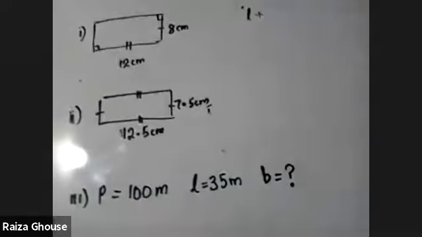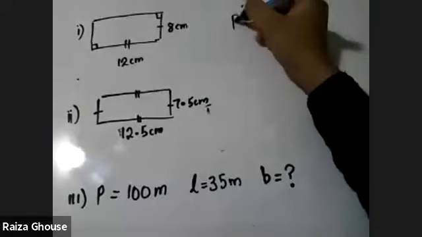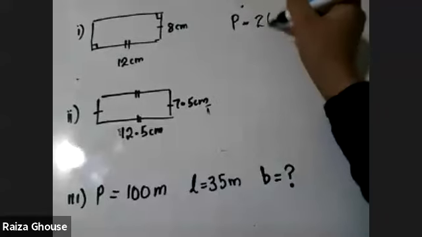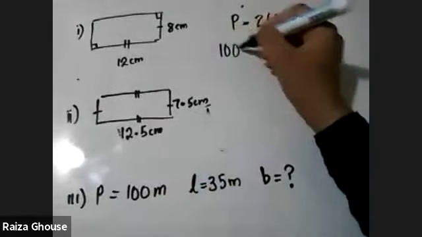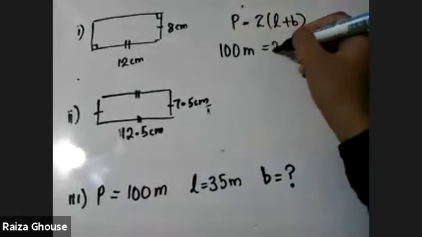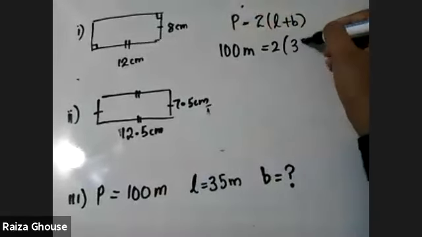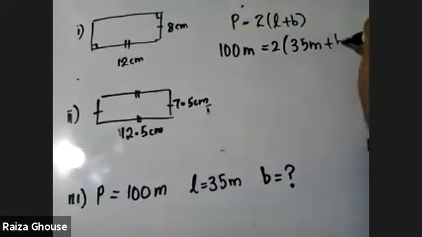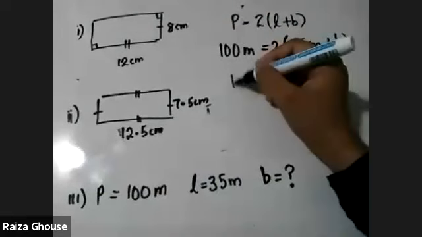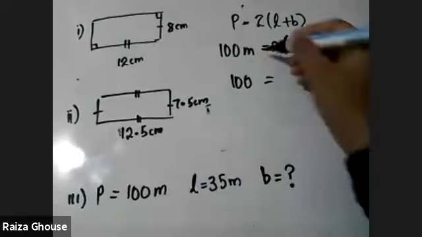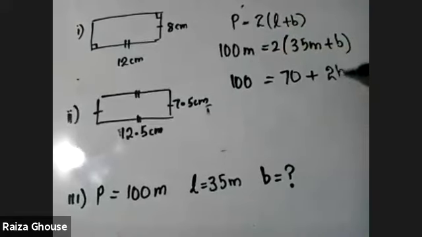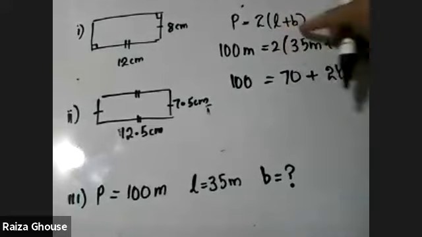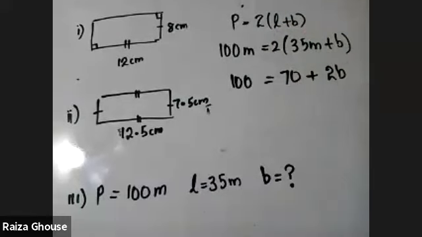Then third one is different. Perimeter is given here. So what can we do here now? Perimeter is equal to 2 into L plus B. Perimeter is provided 100 meters. 2 into length given 35 meters plus breadth should be found. Now I can write down 100 equal 2 into 35, 70 plus 2 into B, 2B. Now what can we do?